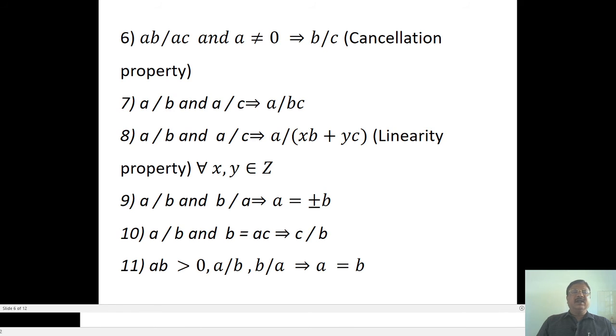Eighth, a divides b and a divides c imply a divides x into b plus y into c, that is linearity property, for every x, y belonging to Z. Ninth, a divides b and b divides a imply a is equal to plus or minus b. 10th, a divides b and b is equal to ac imply c divides b. 11th, a, b greater than 0 and a divides b, b divides a imply a is equal to b, because here we are not writing plus or minus sign because we have the definiteness that a into b is greater than 0.